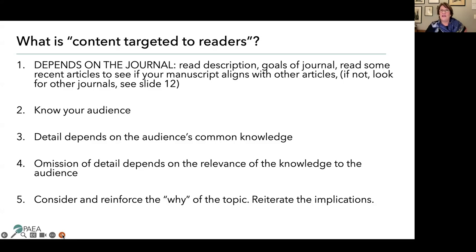And at one point, early on, a few years ago, I read an article that was submitted to JPAE, and it was about 26 pages long. And there were 5 to 10 pages on this. It looked like it was dissertation material about the theory. And it turned out that the theory was important from a theoretical framework, but it wasn't actually relevant at all to the data or the study itself.